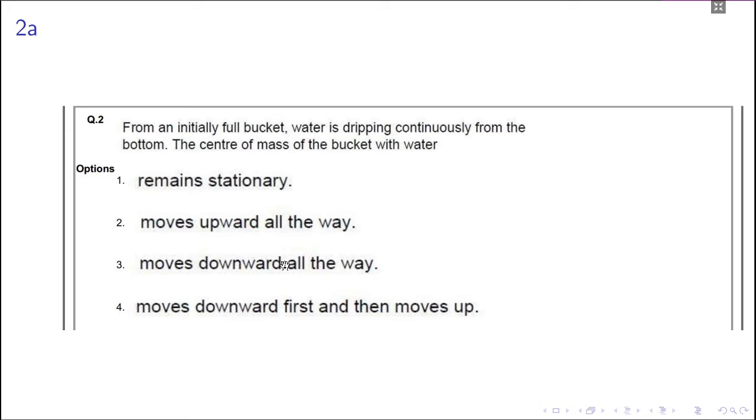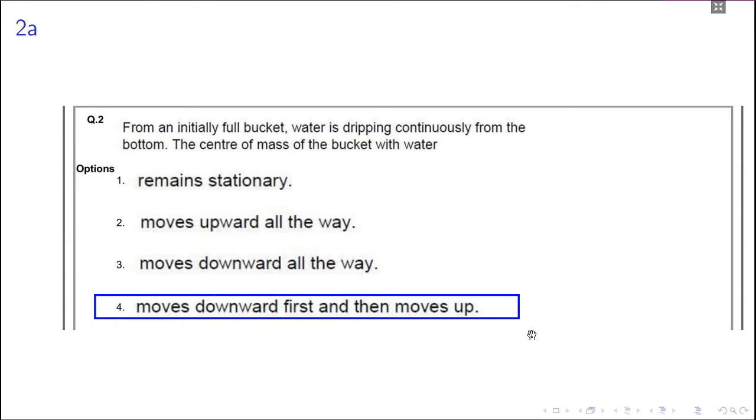Initially the center of mass is somewhere around the center, and when the water flows out, the center of mass of the remaining water moves down. So the overall center of mass of the system will also move down. And finally, when the water has leaked out completely, the center of mass is back at the center of the bucket. So first it has moved down and then it has moved up. So this is your answer.